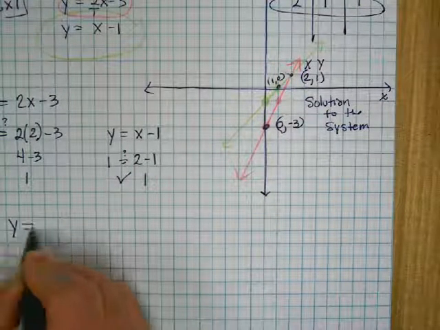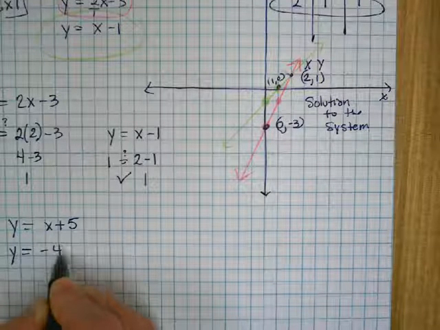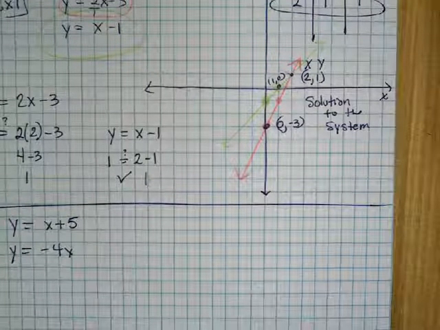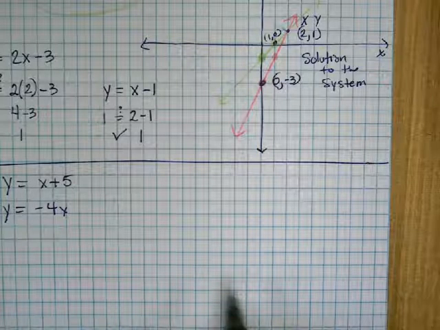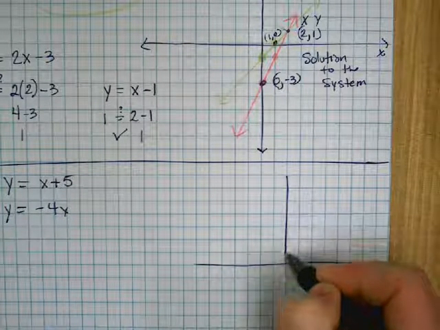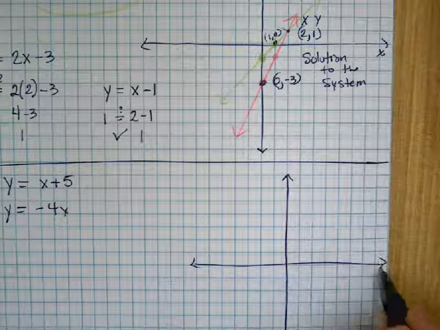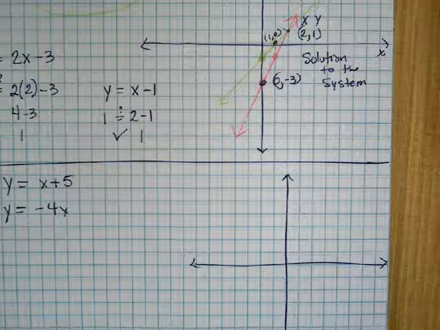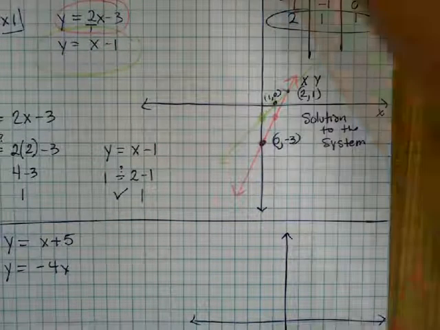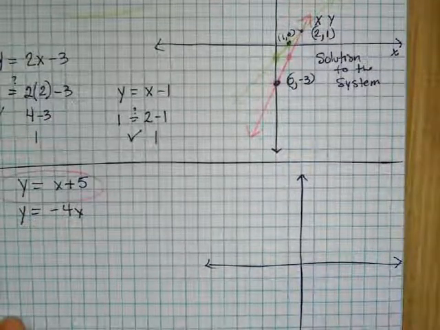Y equals x plus 5 and y equals negative 4x. Let's do this example. Okay, I'm going to graph this one. Where do I start?